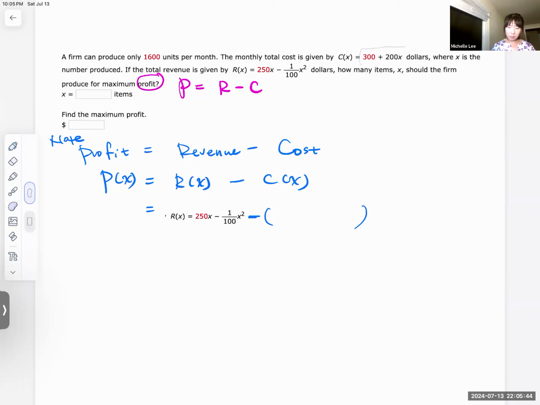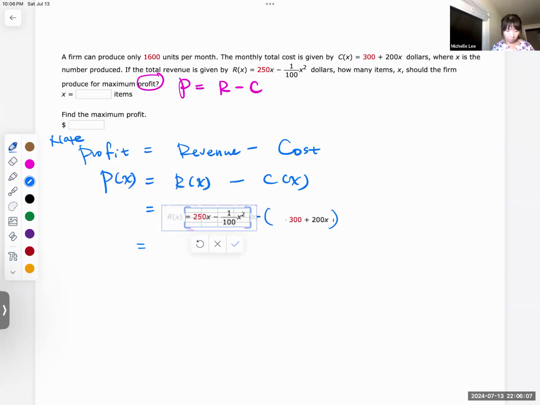Okay, we do algebraic work. So there will be minus the x squared, right?